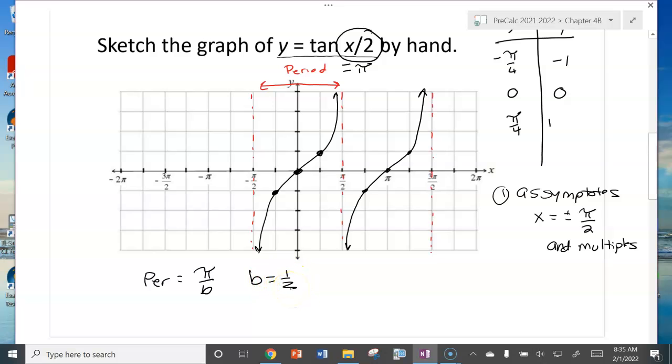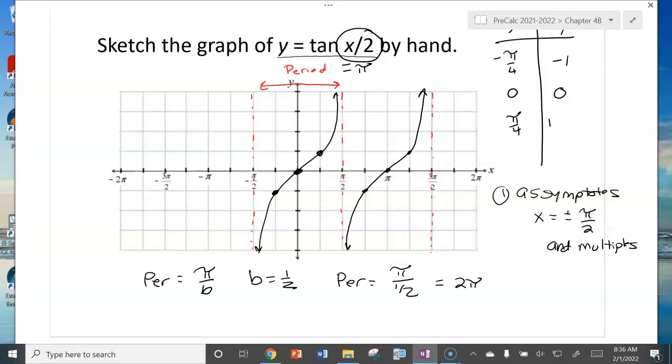That comes from our equation x over 2. The coefficient in front of x is 1/2. So now our period, which is pi over b, is going to be pi over 1/2, and that equals 2 pi. So my period is being doubled. So instead of pi, it is now 2 pi.